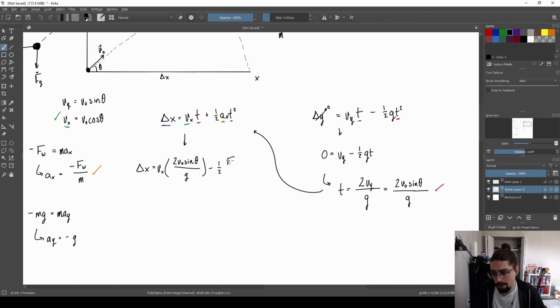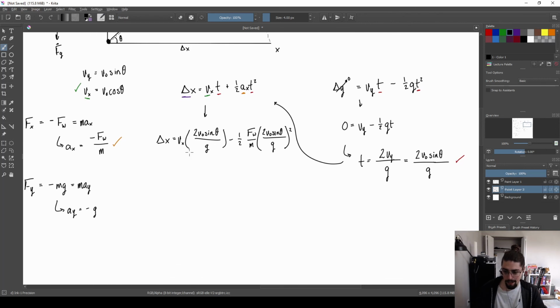So this is F of w over m times 2 v0 sine of theta, and this whole thing is going to be squared. Yikes. That's all right, though. That's not a big deal, because part of this with my v of x, I can say the v of x is actually v0 cosine of theta, and that part is where it's going to show up like our classic range.